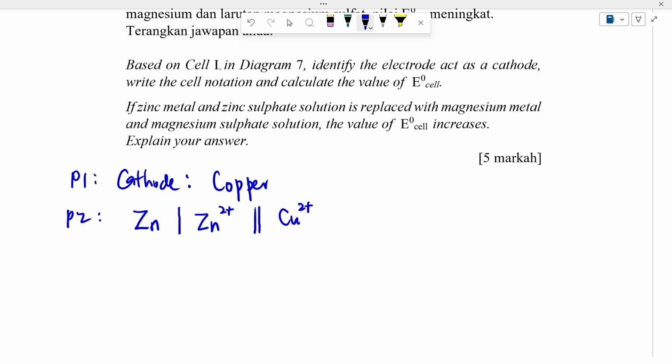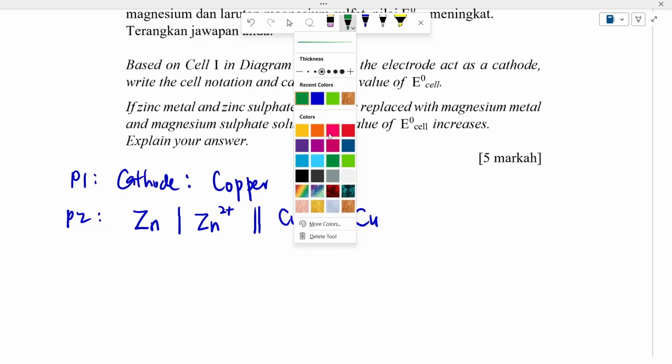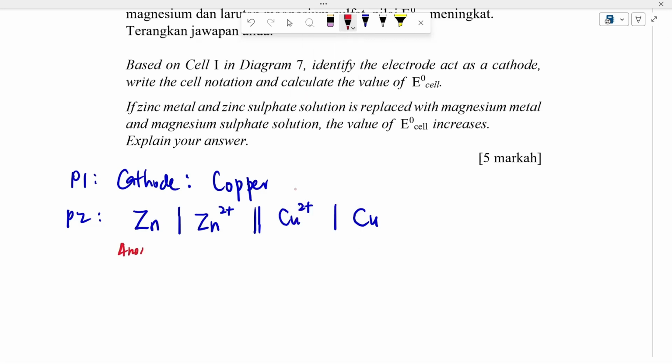So you can record down: this one is the anode, this one is the electrolyte of the anode, this one is the electrolyte of the cathode, and this one is the cathode.